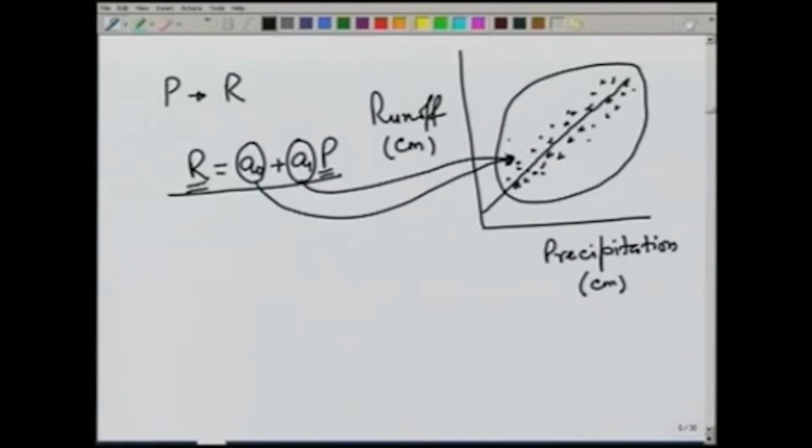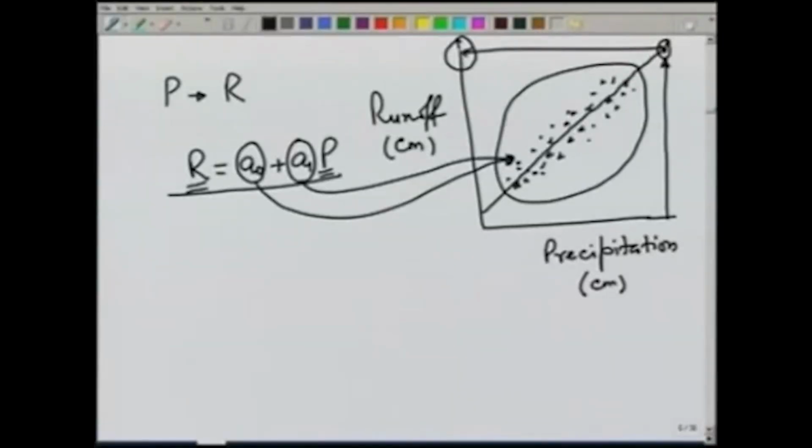So, once you develop this relationship, let us say we want to estimate the runoff for a precipitation which has not been measured in the field, but which is expected to be the maximum precipitation which can occur over the area, and for that we can find out what is the probable runoff, even though we do not have data for that point because that rainfall has not occurred.